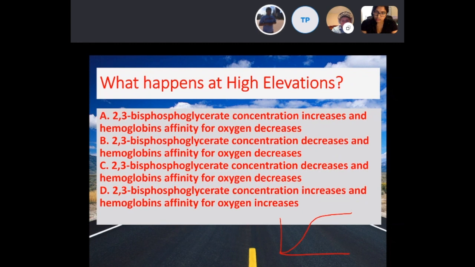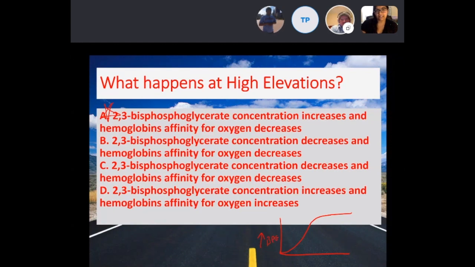It's a right shift, so affinity for oxygen decreases. So, A. Right. Correct. Got increase BPG.